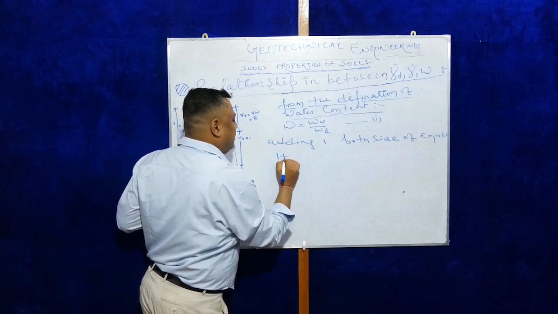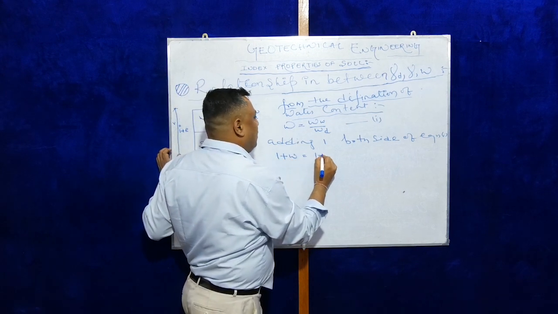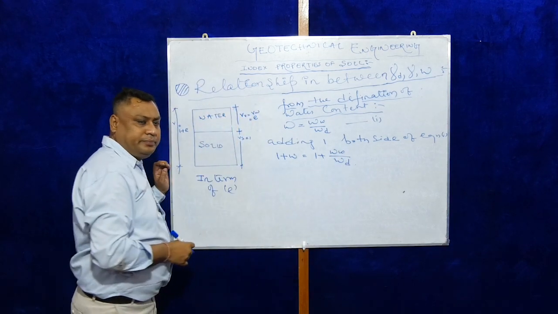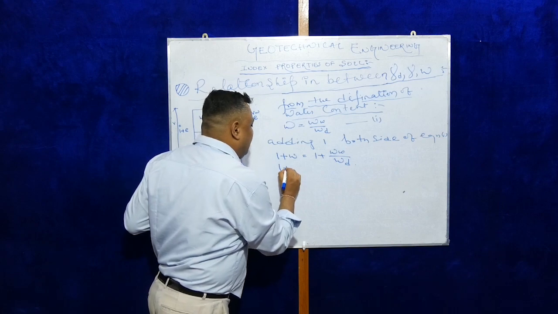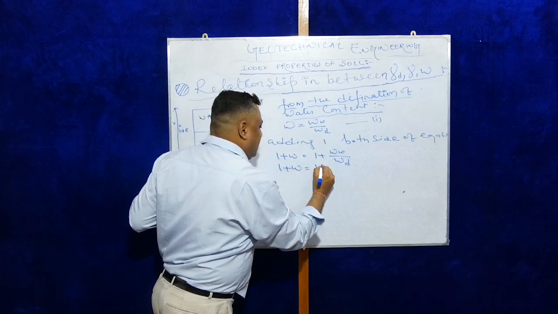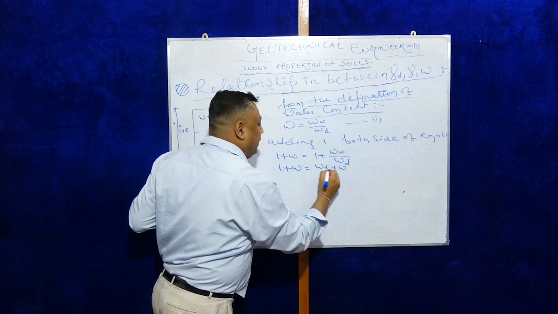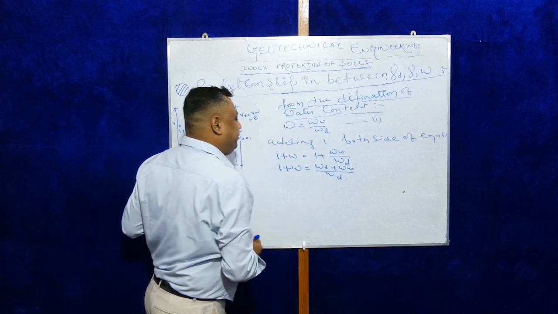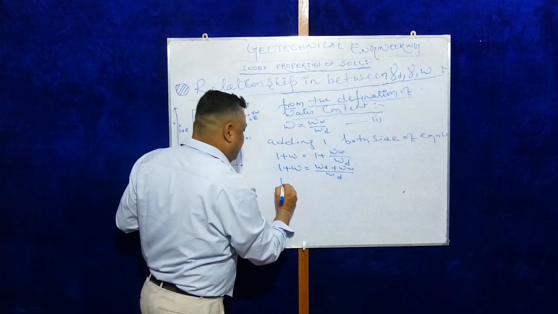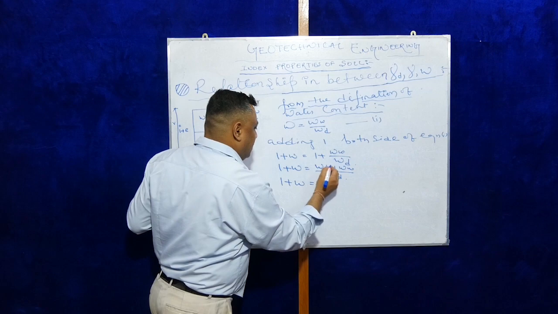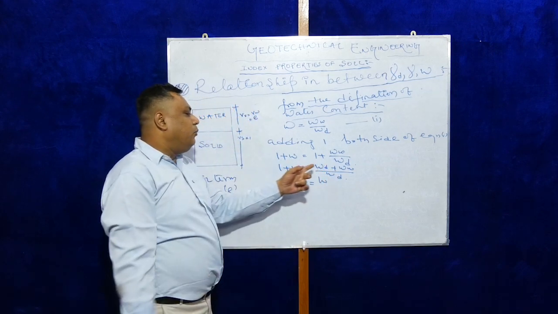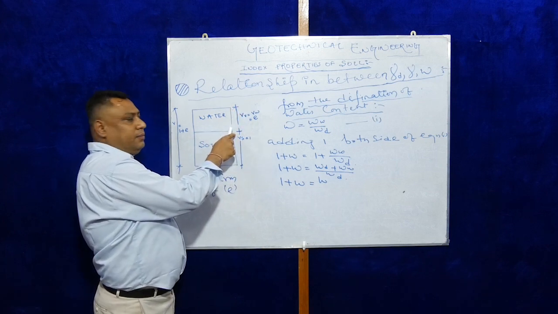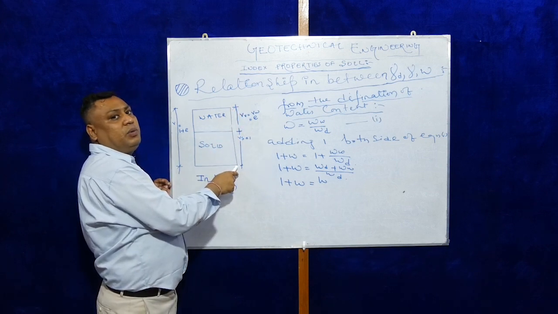Adding 1 here, then 1 plus omega is equal to 1 plus Ww by Wd. Next, 1 plus omega is equal to Wd by Wd plus Ww by Wd. Then 1 plus omega is equal to Wd plus Ww by Wd. Weight of soil solids plus weight of water is equal to what?